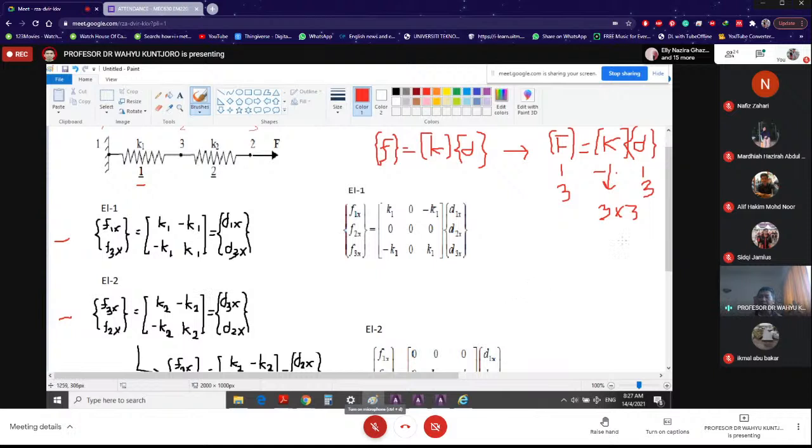But remember that the outcome will be 3 by 3. So we need to expand our matrix from 2 by 2 into 3 by 3.